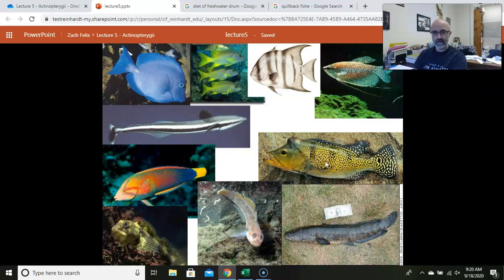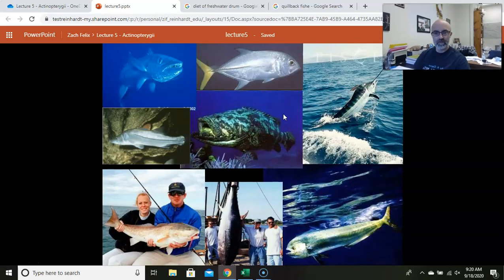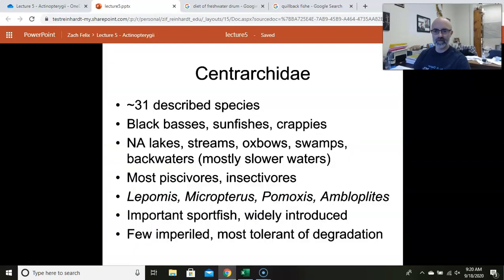It's peacock bass. A lot of these, you know, I think this triggerfish, I don't know, doesn't really matter, but swordfishes, crevalle, barracudas, snook, groupers, mahi-mahi, tuna, right? What's this, a cobia, I think? Amazing diversity, all these Perciformes.